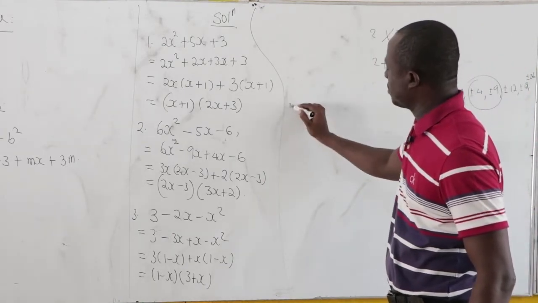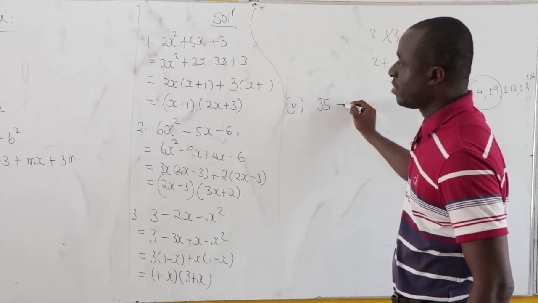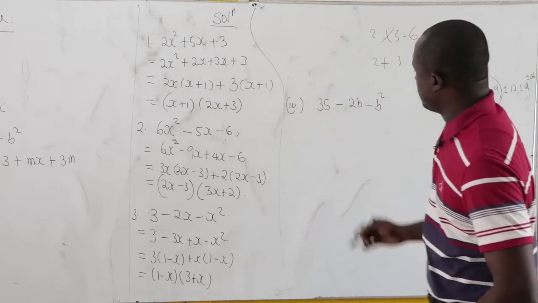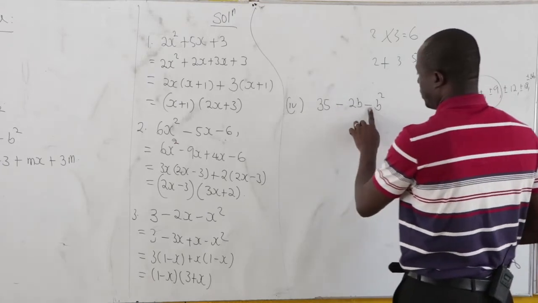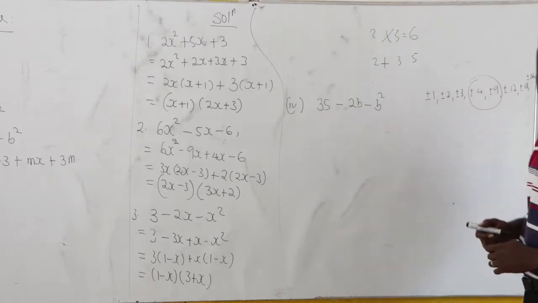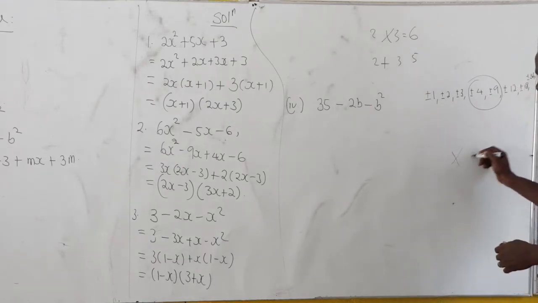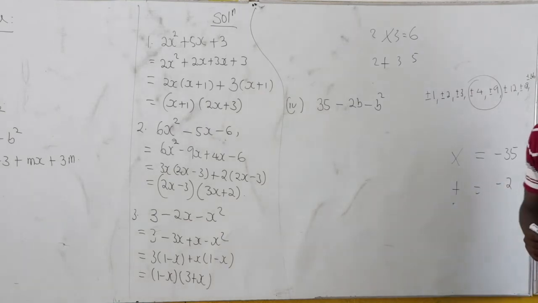Now let's see the fourth question. We have 35 minus 2b minus b squared. Now here we have to multiply negative 1 times 35. So two numbers, when you multiply, you get negative 35, but when you add, you get negative 2.